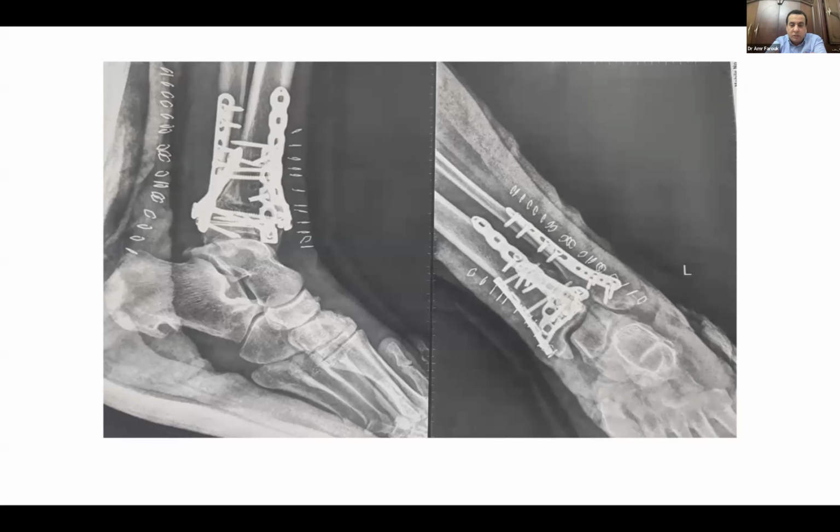The problem about neuropathic patients is that they don't feel pain, and you have to insist on delaying weight bearing for maybe double the normal period for normal persons.